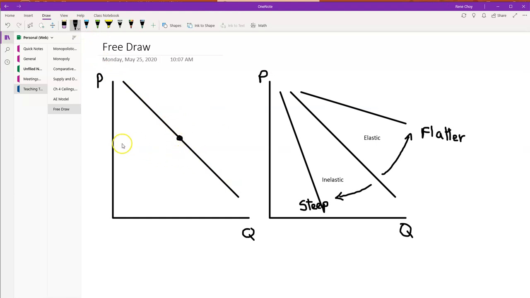So basically, if you were to calculate elasticity around the center of the line, then it will be what we call unit elastic, or unitary, some books call it. While if you're down here, it will be more inelastic.